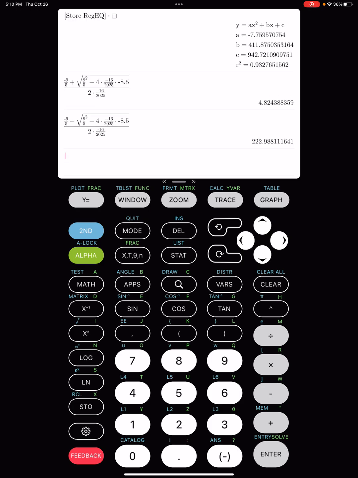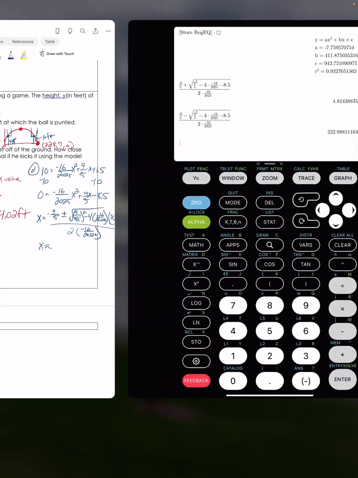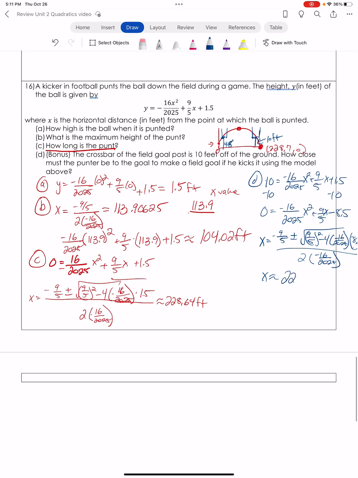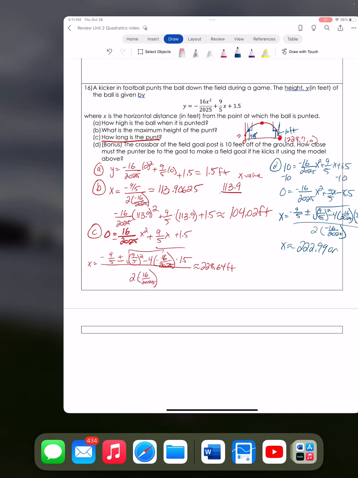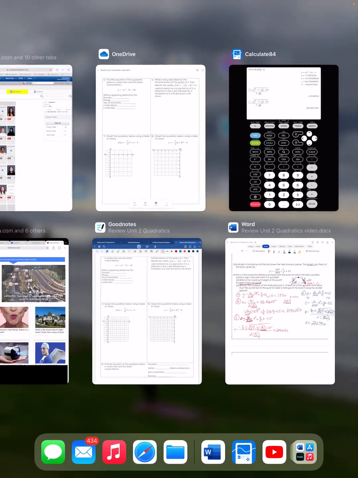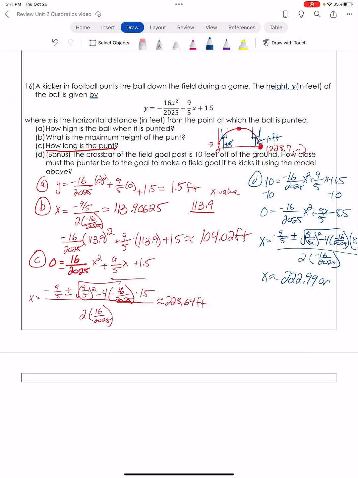And so our second answer is 223.0, or 222.99. Or 4.8, or anywhere between.